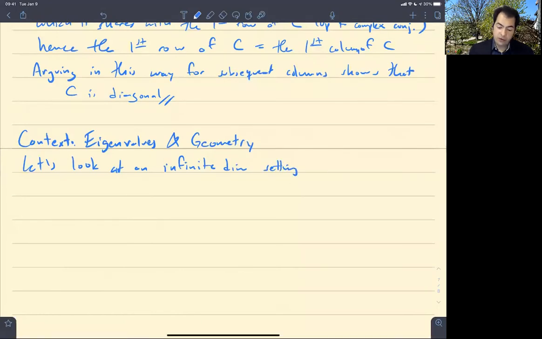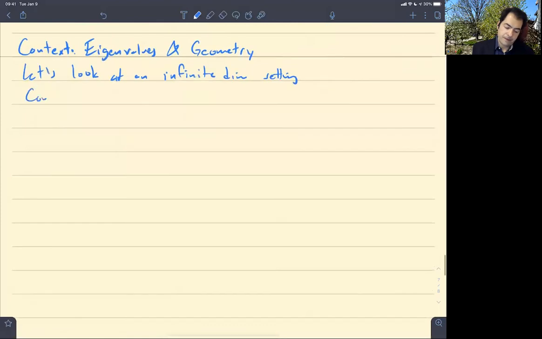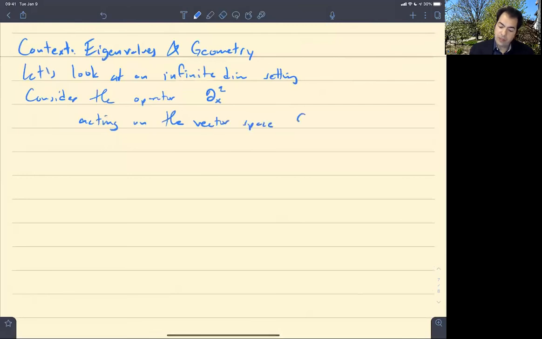Okay, so consider the operator two derivatives in x, right? Just take two derivatives in the x variable, acting on the vector space of smooth functions on the interval from 0 to L. Here, L is some positive constant.